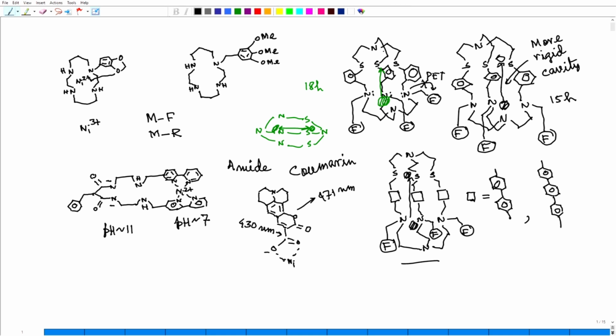Deprotonated amide will strongly bind. So, nickel now goes from here to here, it will bind, strongly bind, okay.